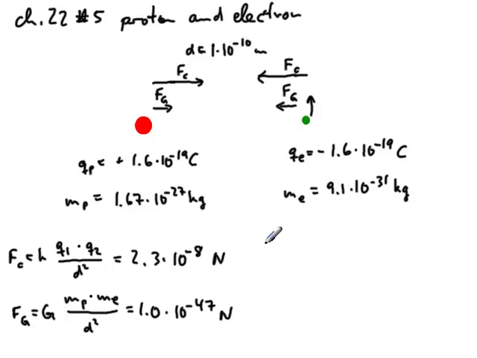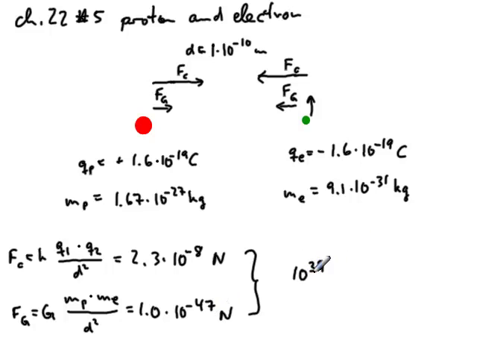And we can see that the electric force is 39 orders of magnitude larger, 10 to the 39, and I came up with that by comparing negative 8 to negative 47.